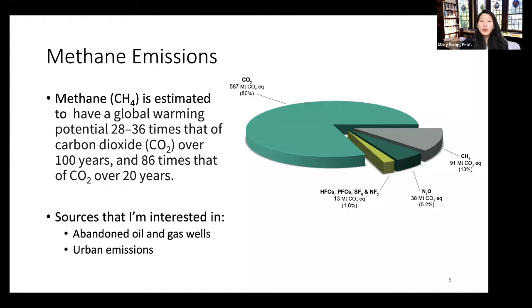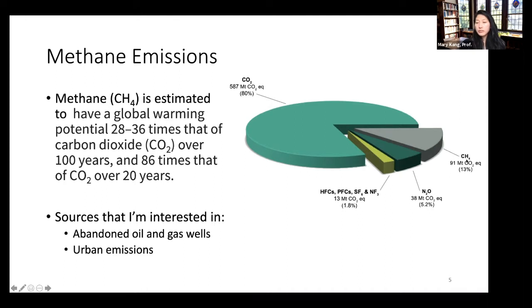This pie chart shows you a breakdown of greenhouse gas emissions estimated from anthropogenic sources in Canada. This one uses a global warming potential of 25, so even less than the 28 and 36 that I mentioned. You can see it's largely CO2, at 80%.